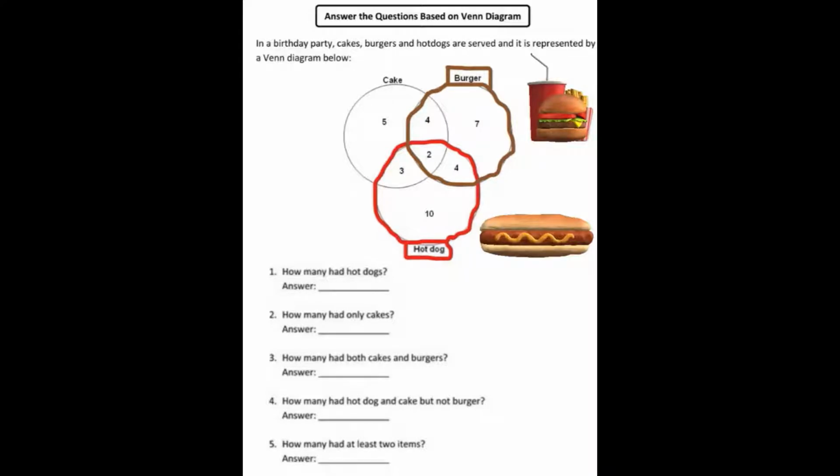I'm very sorry, the French fries and drink do not come with the hamburger. Okay, so it's just a hamburger, and I've circled that in brown. And you can see again, there are numbers within the brown portion of the hamburger that we will look at when we're answering specific questions about that.